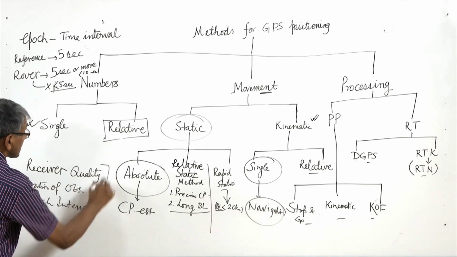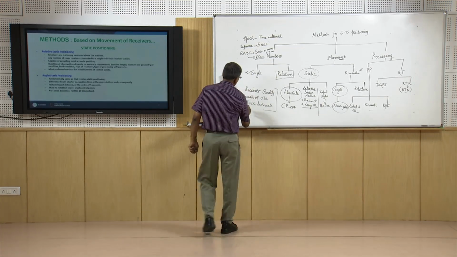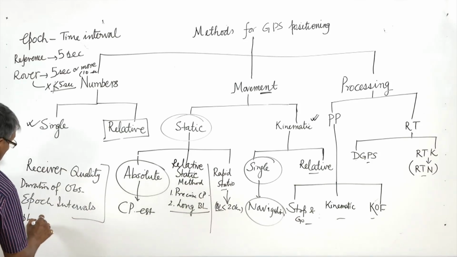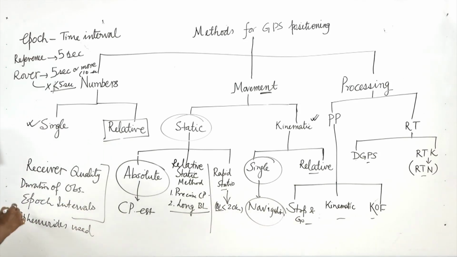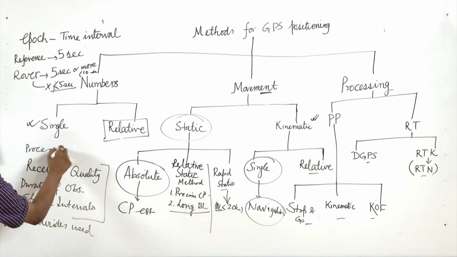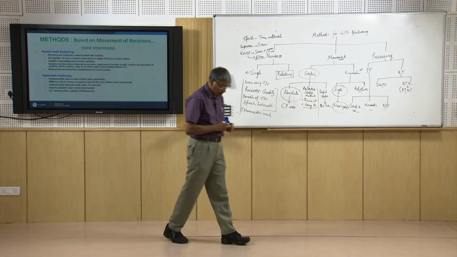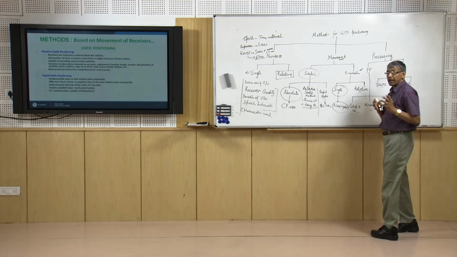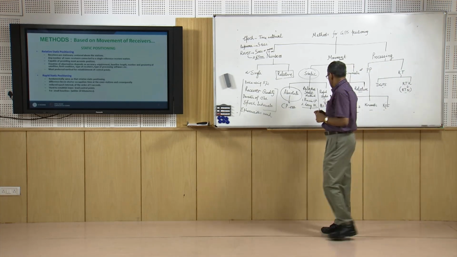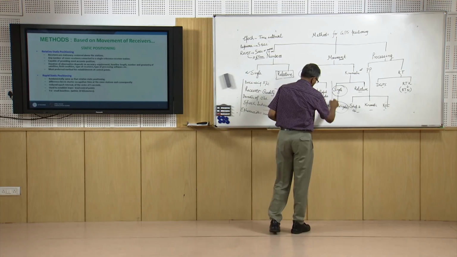These are the important considerations for the accuracy to be achieved, and then the ephemerides used for processing, then the processing software. These are the things which need to be considered to arrive at more accurate GPS positioning. So with this, static is over.